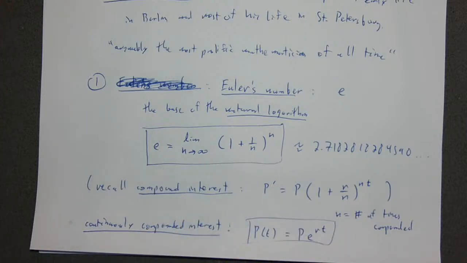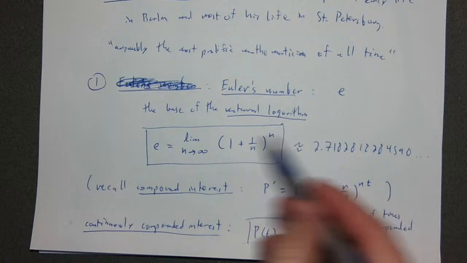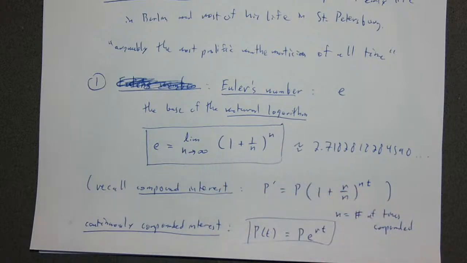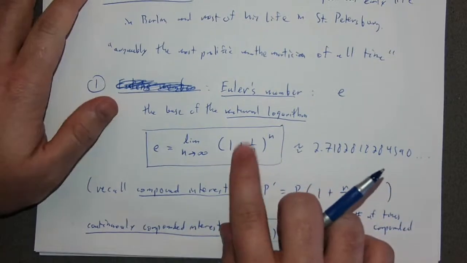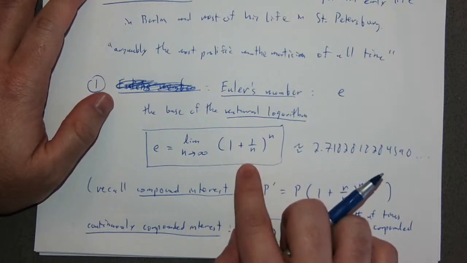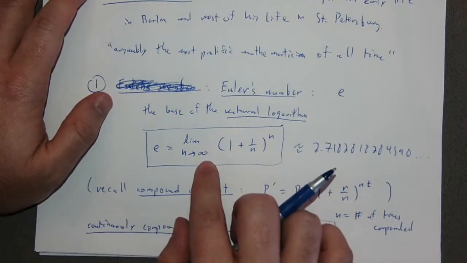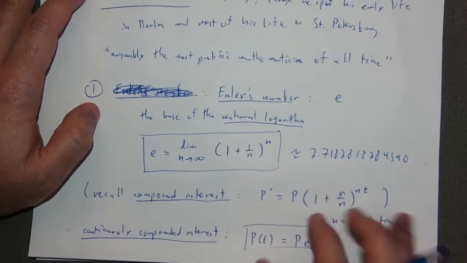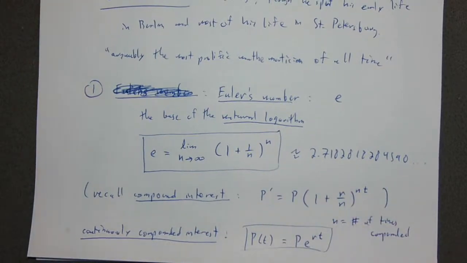Now, if you are wondering why it works out this way, this is one of the nice examples of doing limits using L'Hopital's Rule. I haven't mentioned L'Hopital, I will throw his name in later.